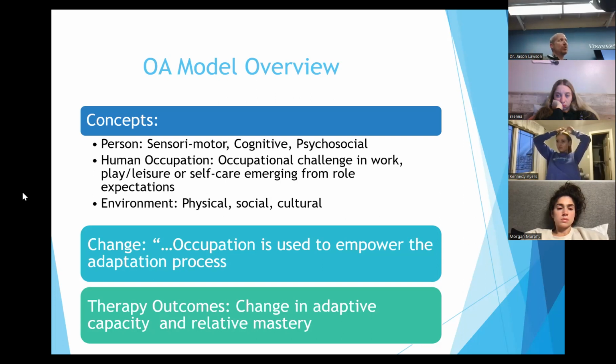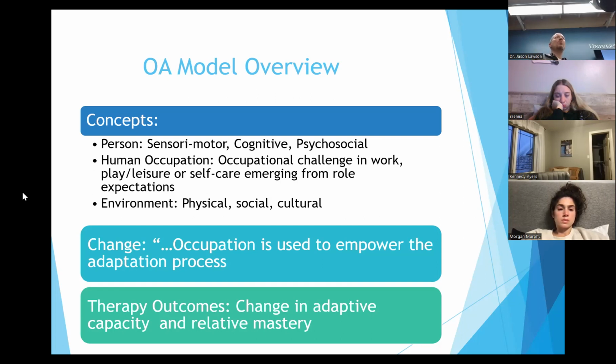You have roles as a student, your occupations that you do, like studying, getting to and from class, taking exams, taking notes, those kinds of things are all part of your occupations of work. The environment is physical environment, cultural environment, and social environment. So they're kind of streamlining things down.